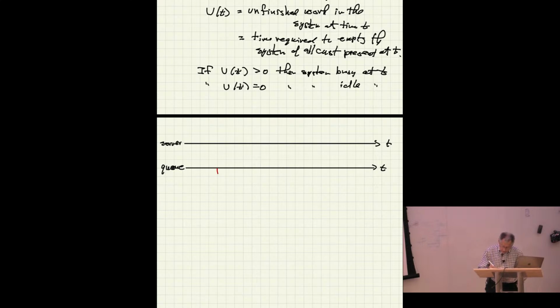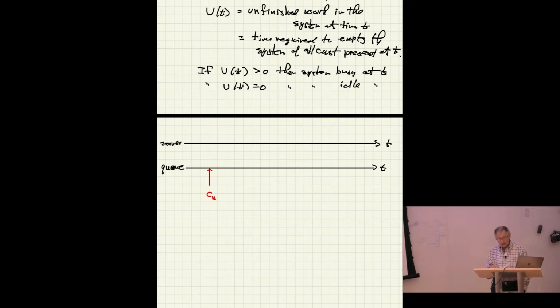Let's assume that at this point in time, Cn arrives. So I'm going to say that. Cn comes in. And he joins the queue. Now I've given you some notation earlier, if you remember. Maybe I should repeat it here.